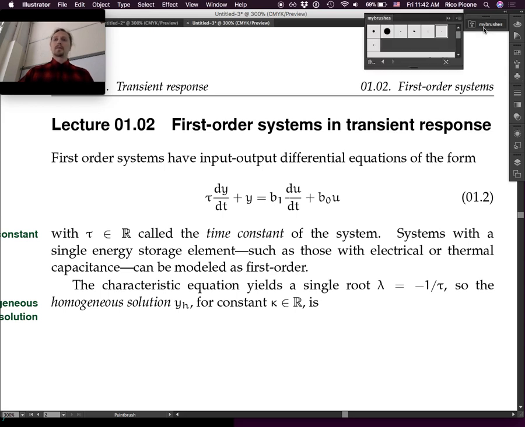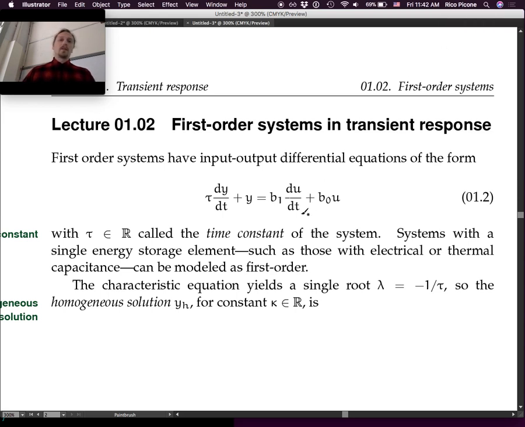But on the left-hand side, since it's a first-order system, we like to write it with a different coefficient structure. We like to write it with a coefficient out front of the time derivative and 1 as the coefficient of the y term. And this is just standard, so I don't even really want to justify it. It's just a standard convention.